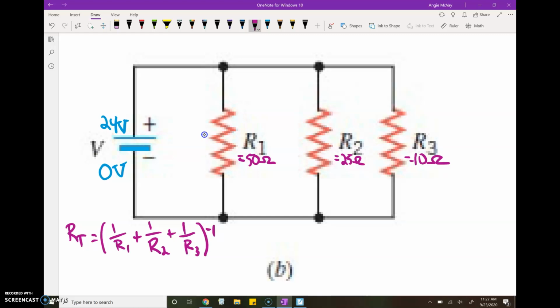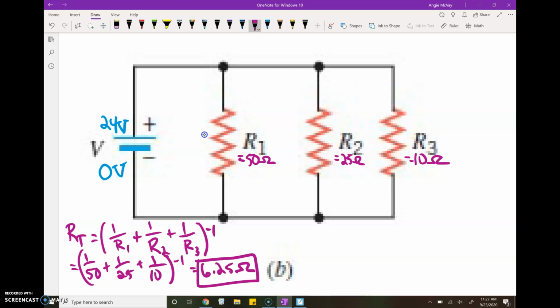Okay, so we've got 1 over 50 plus 1 over 25 plus 1 over 10. Take the inverse of that, and you should get a total resistance of 6.25 ohms. Okay, that's the total resistance.